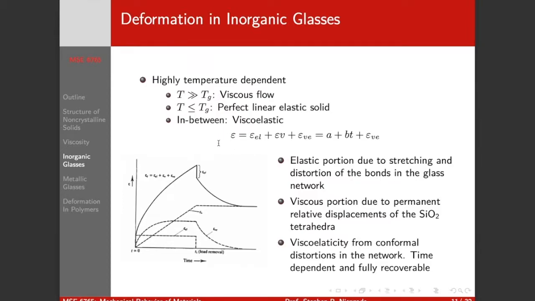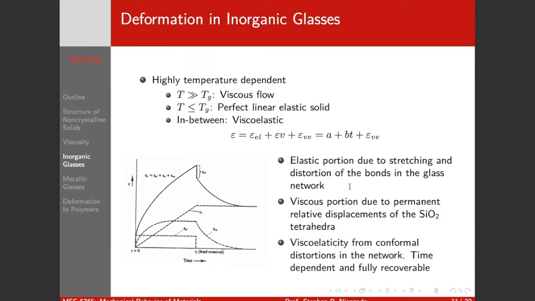And our total deformation, as a function of temperature, we can think of as the contribution from these three components: the elastic, the viscoelastic, and the viscous flow. And the deformation mode that's going to dominate is going to depend on the temperature.